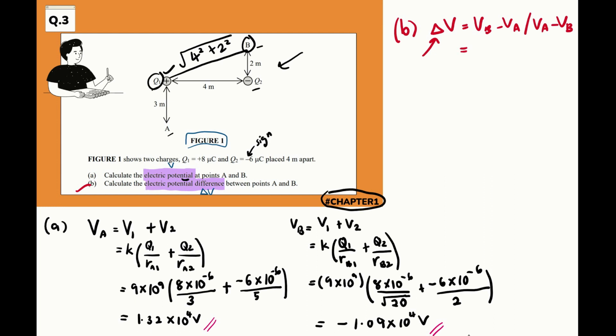It's supposed to be negative if I substitute from the first equation: negative 1.09 times 10 to 4, negative 1.32 times 10 to 4. Then you're supposed to get negative 2.41 times 10 to 4 volts, or your answer could be positive 2.41 times 10 to 4 volts.